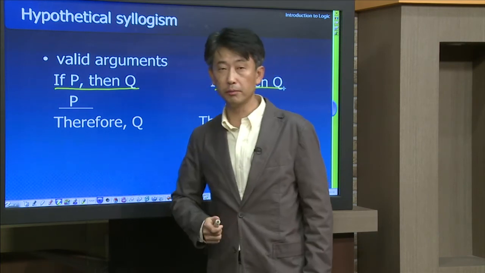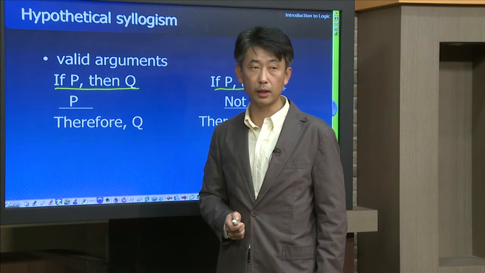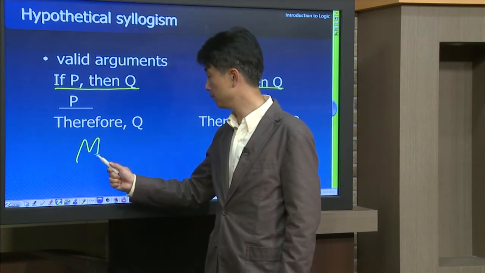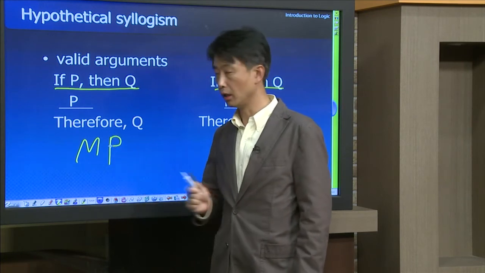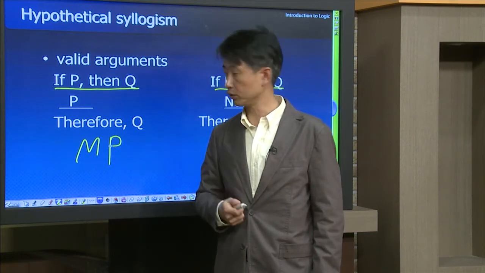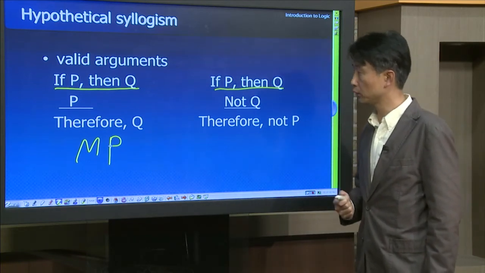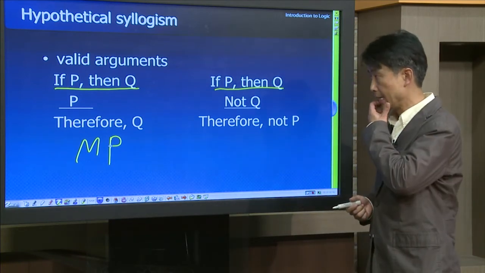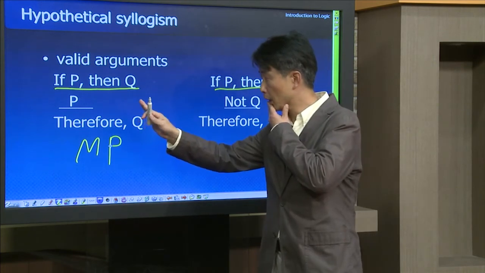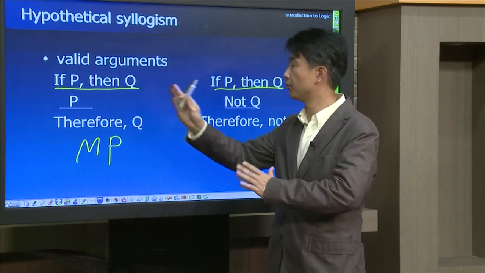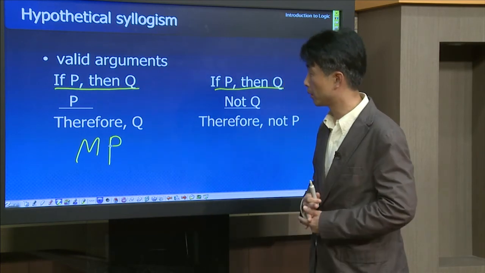It's so familiar that logicians have given a name for this type. It's called MP, abbreviating modus ponens. We will come back to this later, but that's one familiar type of valid argument involving a hypothetical proposition.